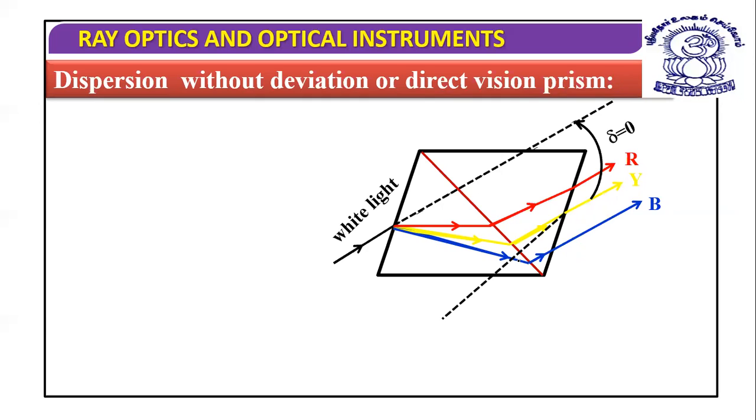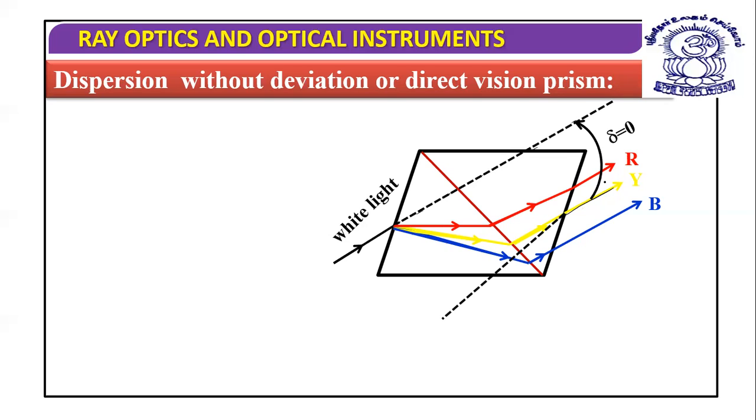The dispersed seven light colors pass through another prism. Due to this second prism, there is no further dispersion or recombination, but the light rays are simply deviated. They are deviated in such a manner that the final direction of yellow light and the actual direction of white light are parallel to each other.